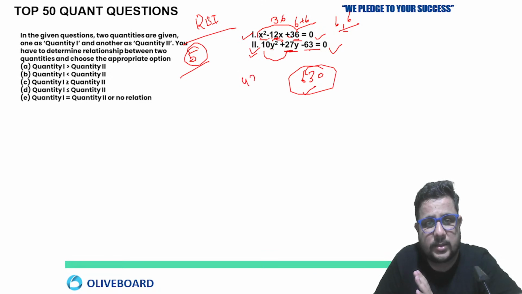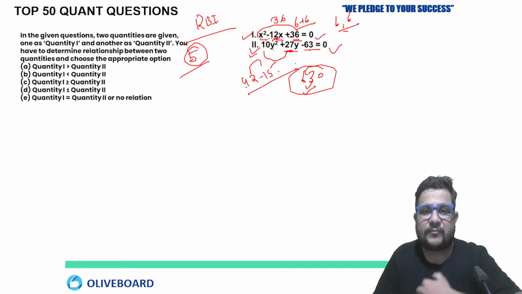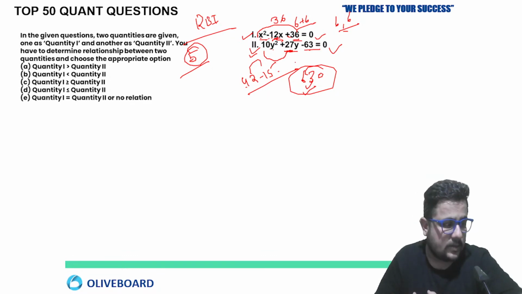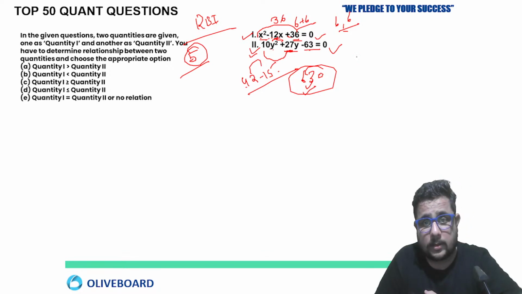So 42 minus 15. 42 into 15, 630. You have to have a grip on this also, how to find factors easily. That you have to practice, okay? So here, 42 and 15.